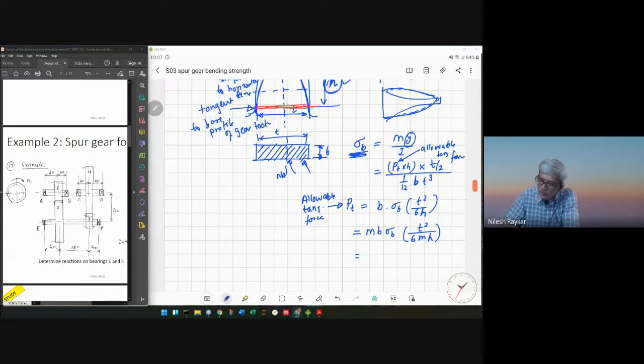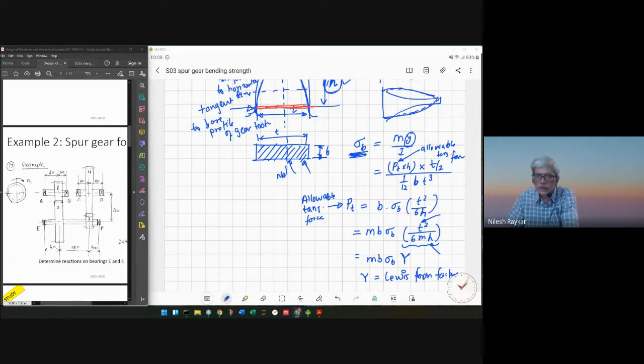Now this term in the parenthesis, we call it capital Y, which is known as the Lewis form factor. The Lewis form factor depends on the root thickness of the teeth and the height of the equivalent beam of uniform strength, which has to be determined graphically.